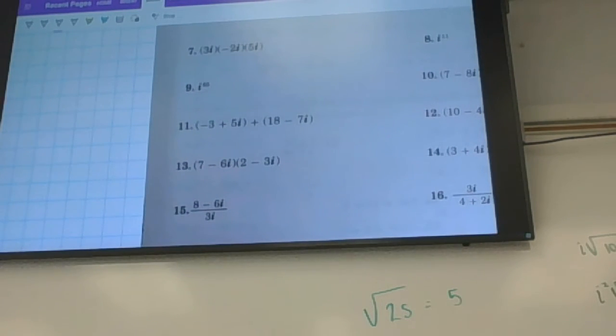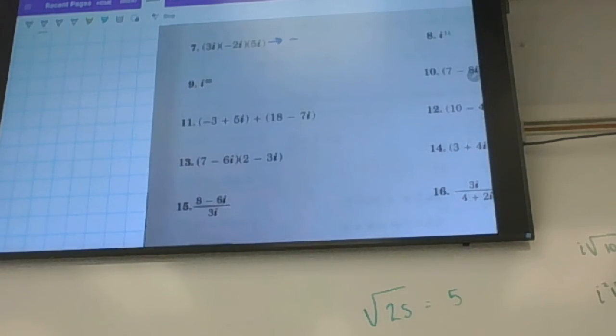So 7, multiplication. I'm going to multiply the coefficients. 3 times -2 times 5. -6 times 5 is -30.